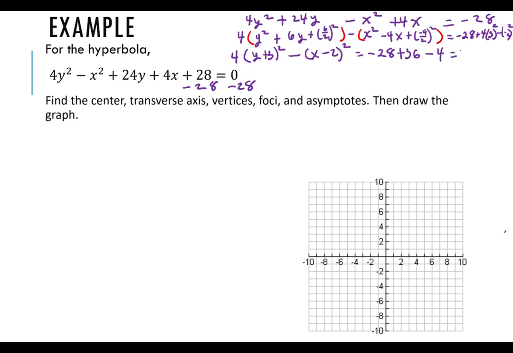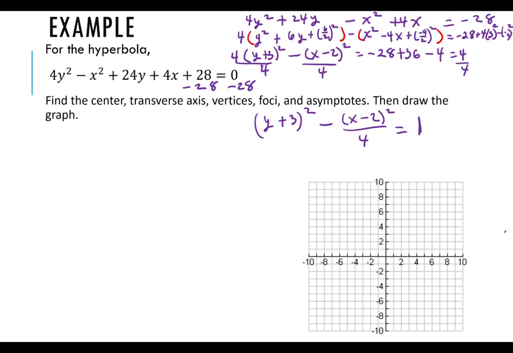And so I get that this is 4. And so then I can divide everything by 4. Divide by 4. Divide by 4. I then get that this is y plus 3 quantity squared minus x minus 2 quantity squared over 4 is equal to 1.